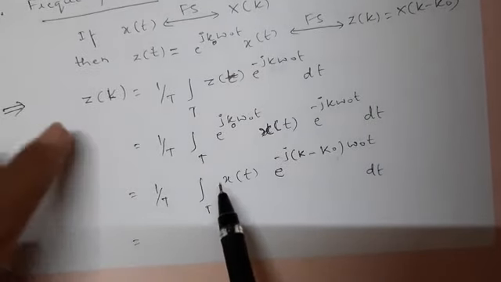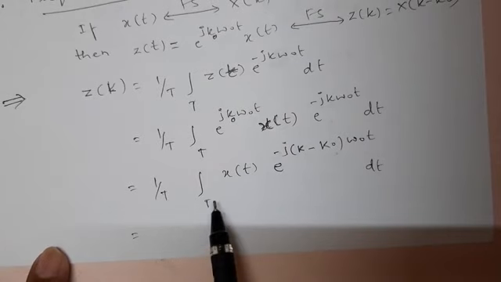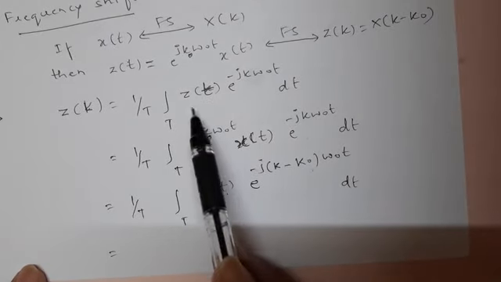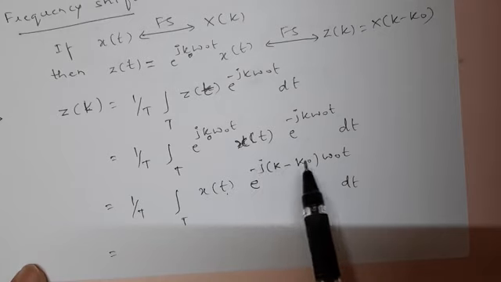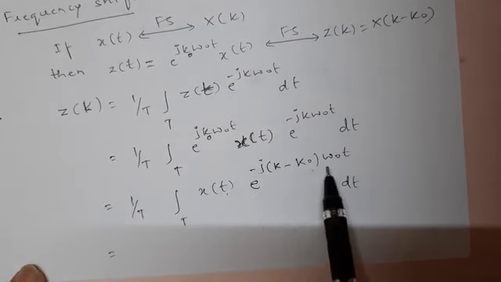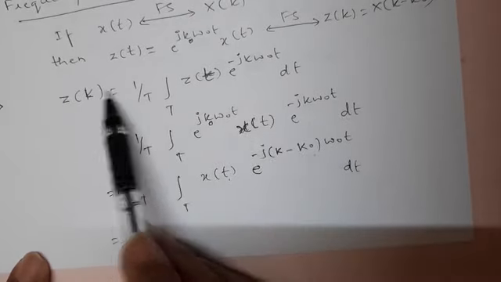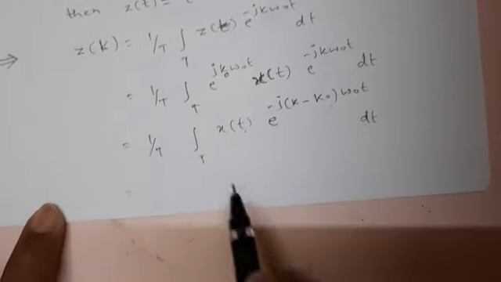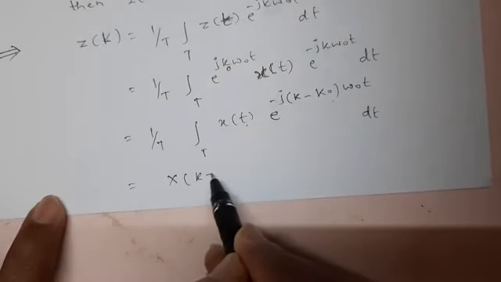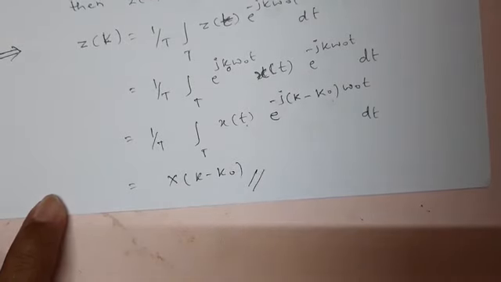Now compare the above equation with this: 1 by T integration over T x of t, instead of z of t, e to the power minus j k minus k naught omega naught t dt. Here I have only k. So if this equation is Z of k, then this whole equation is X of k minus k naught. This is the frequency shift property.